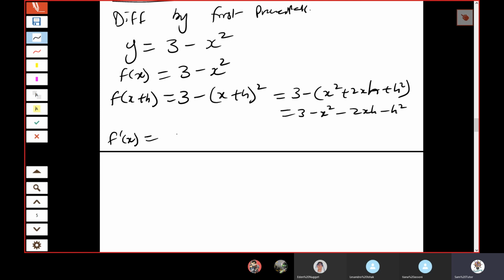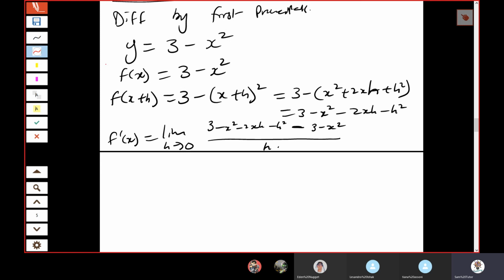F dash of x equals limit h approaches 0 of f of x plus h, which is this one, minus f of x, which is this one, all over h. Now I want to show you something.